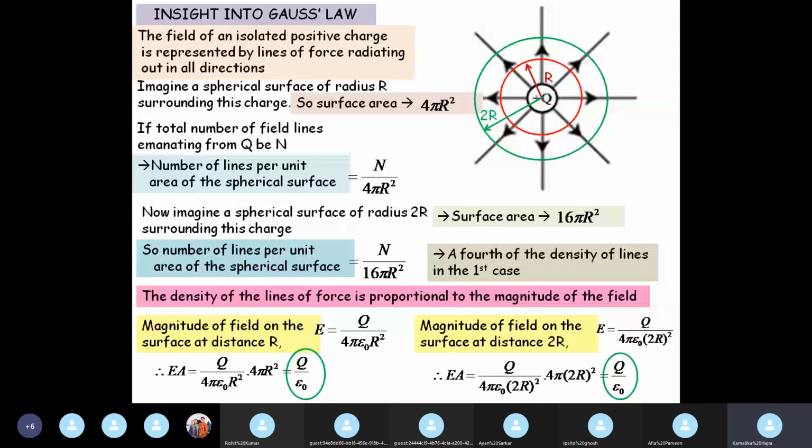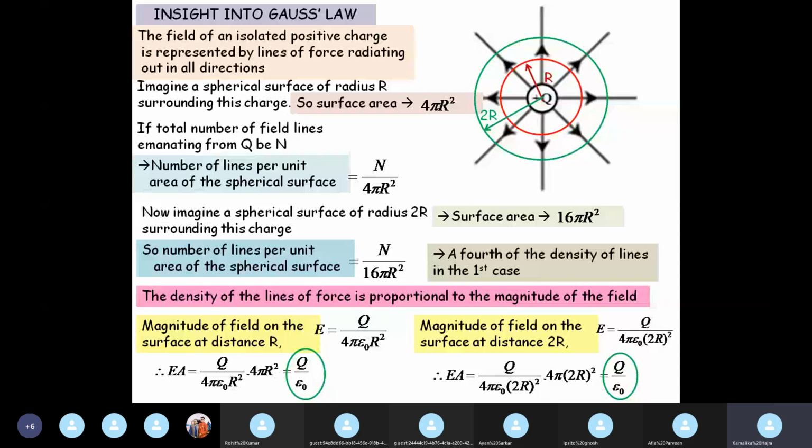But if you take the product of the electric field with the total surface area of the sphere on which you are trying to calculate the field, you will see that the value of the product remains unchanged.